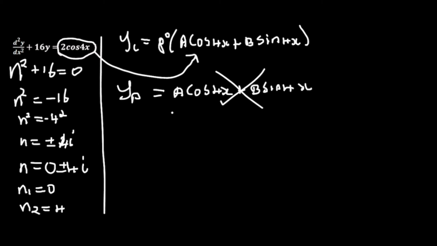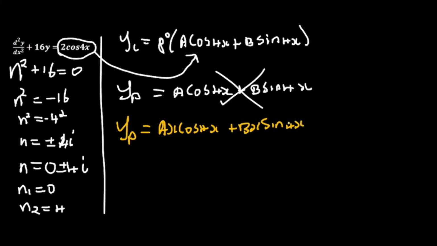So we're not going to take this as our particular solution, but instead we're going to take y particular this time around to be equal to ax cos 4x plus bx sine 4x.